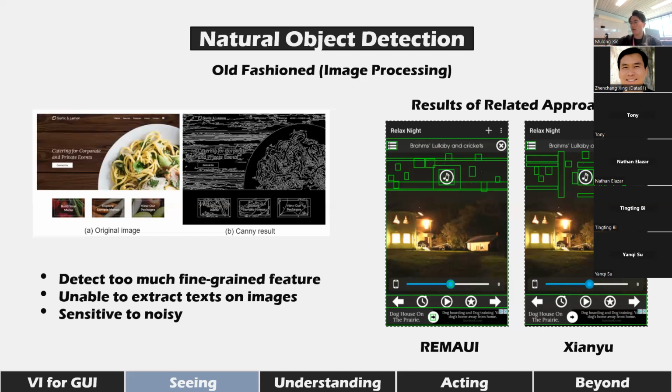And it's unable to extract the text on the image because it just mixes the text and the background image, right? Also, because it is based on pixel level analysis, it's very sensitive to noise. So here on the right-hand side, you can see the results of two previous approaches based on traditional image processing, whose performance is really poor, right?